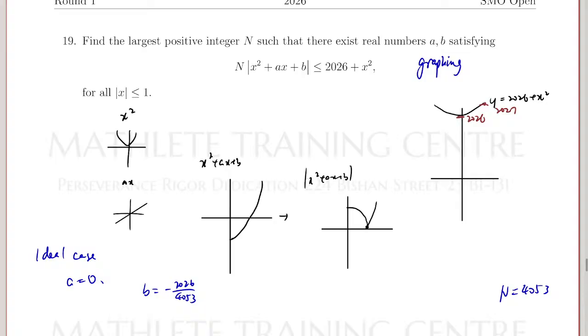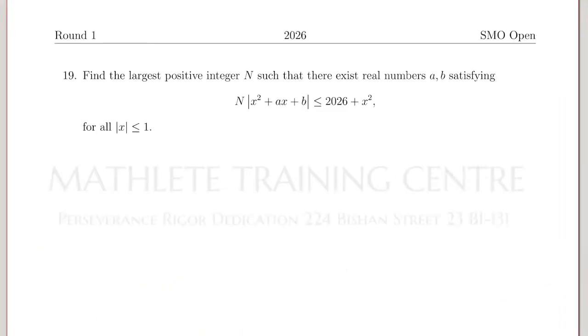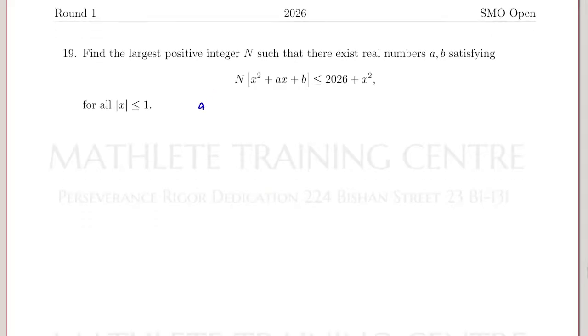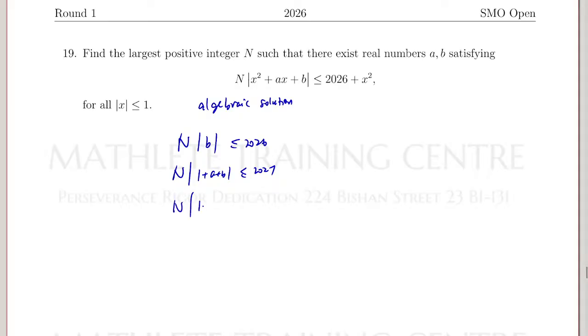However, some people may prefer a more algebraic solution. In that case, I also provide another one. If you're looking for an algebraic solution, then here's the idea. The idea is that we just put the x values inside. x equals 0: n times this is at most 2026. x equals 1: n times this is at most 2027. x equals negative 1: n times this is at most 2027.